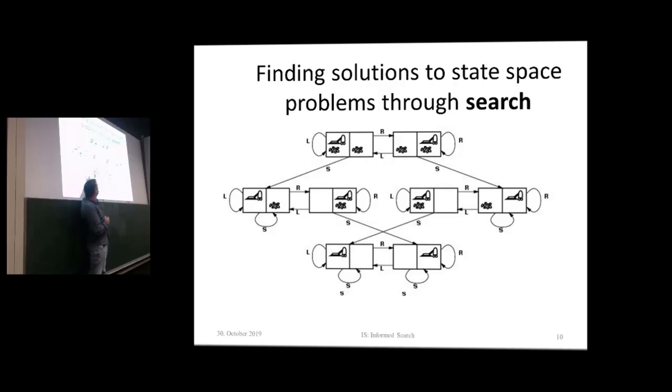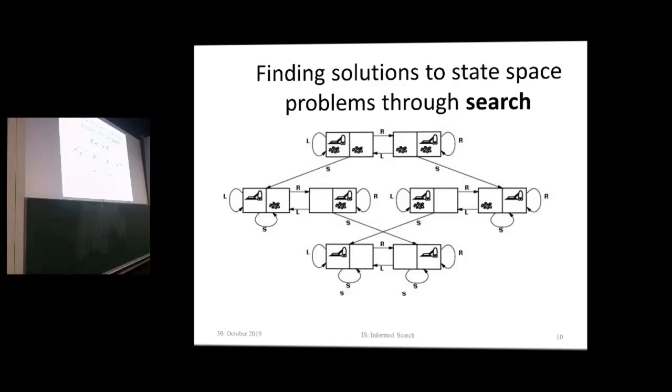Any of those starting points with a Hoover could be the initial state of our search. We could say we want to start in the top left position, and that would be the root of our tree. Let's call it state number 1. So we start with state number 1.